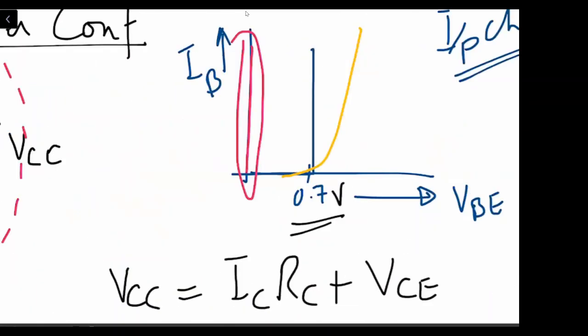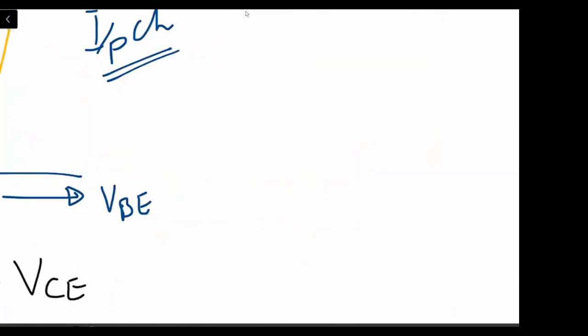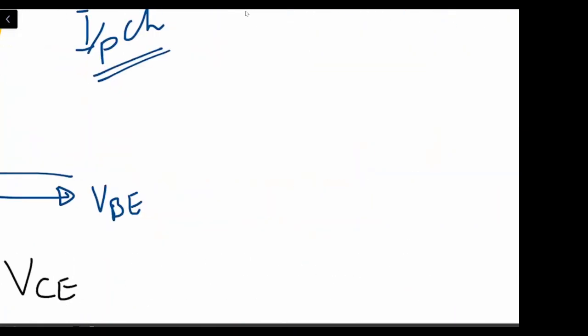So what we can say is that the condition is something like this: if I draw the transistor again and I say that IB is equal to 0 over here, right?